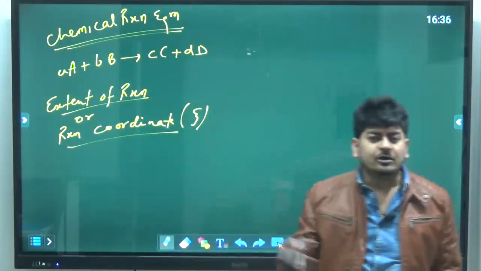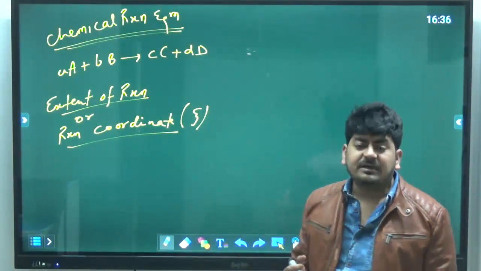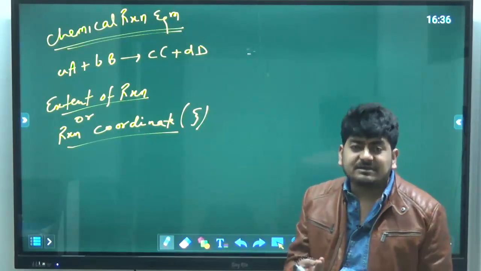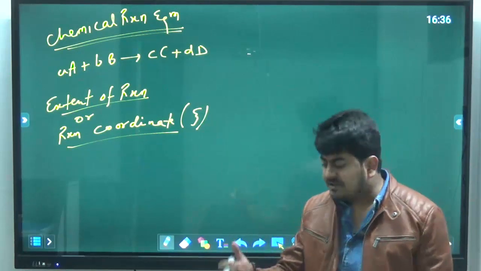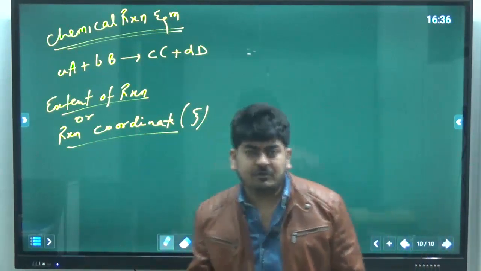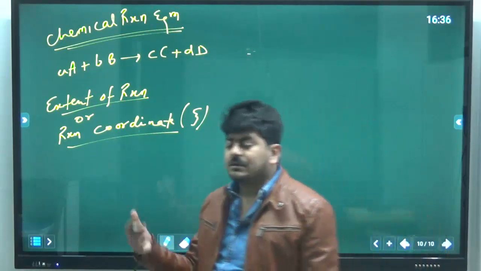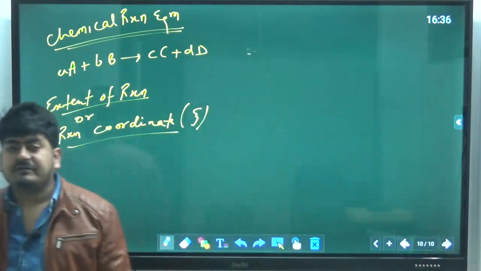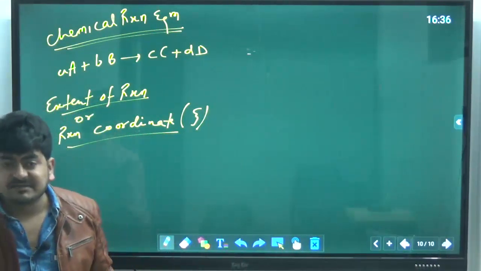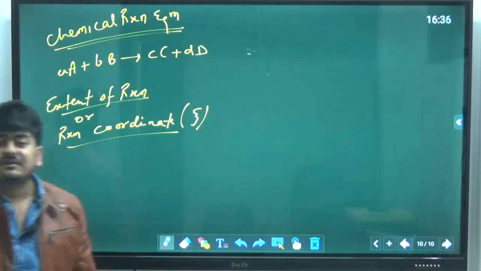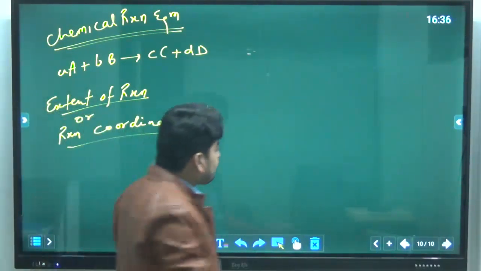If you know the coordinates of any place or venue, you can easily locate that. Similarly, reaction coordinate means the value which helps us find out to which extent the reaction has progressed. That we can calculate with the help of conversion easily, but reaction coordinate gives us more precise values, because conversion has its own limitations.